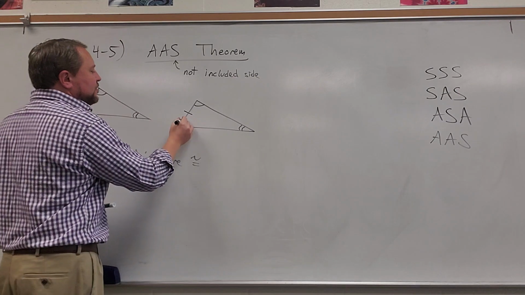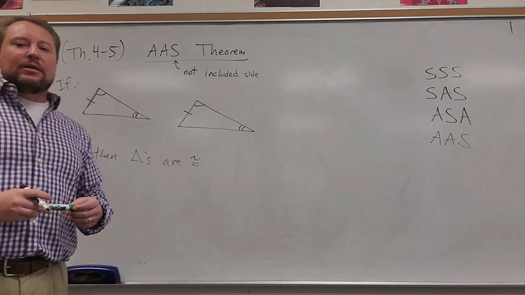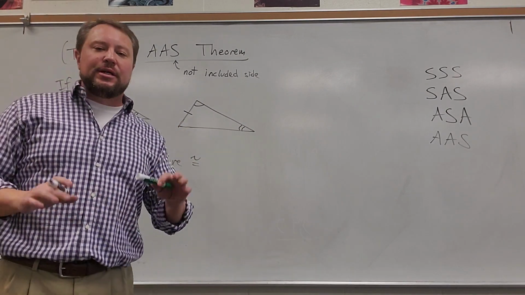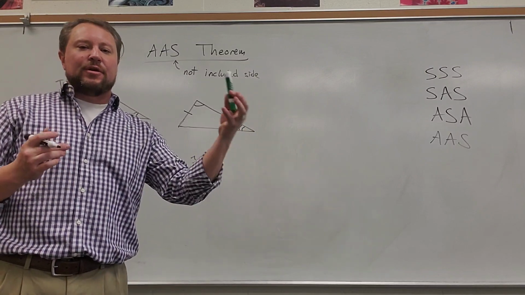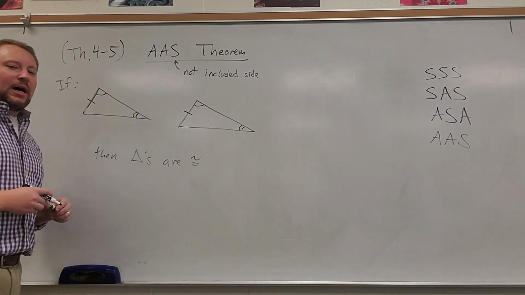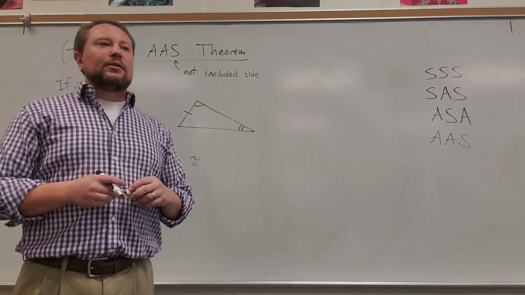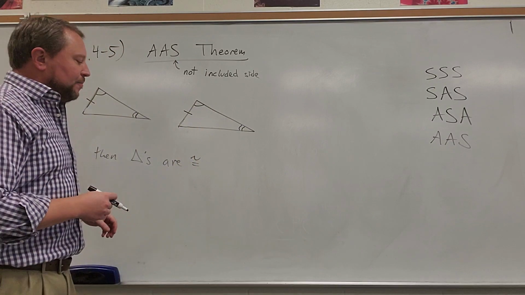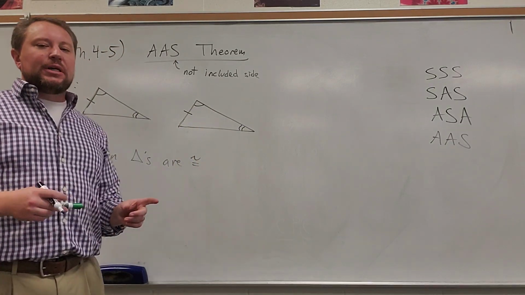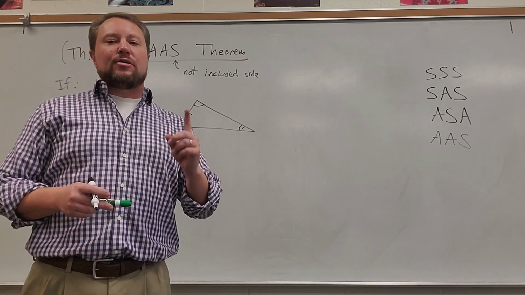All right, so there's one other shortcut, and our last shortcut is something that I'm stealing from chapter 5 and including it with this chapter. Chapter 5 is kind of a hodgepodge of all kinds of ideas, so I'm just stealing this idea out of there. And the reason it's in there is because this last shortcut is unique to right triangles.